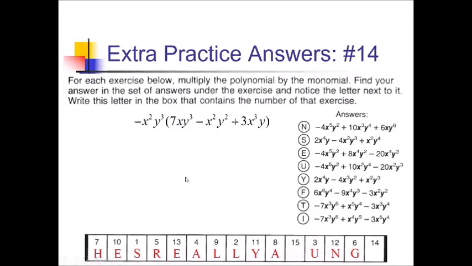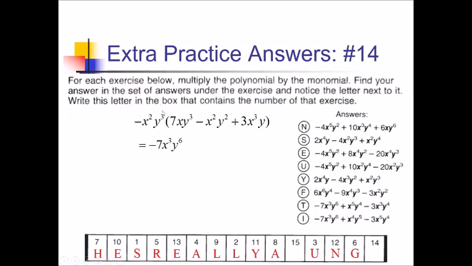On this one, we are trying to carefully multiply negative x squared y cubed by everything. And we're dealing with a negative, so got to be extra careful here. So we have a negative 1 times 7 is negative 7. X squared times x is x cubed. And y to the 3rd times another y to the 3rd, 3 plus 3 gives me y to the 6th.